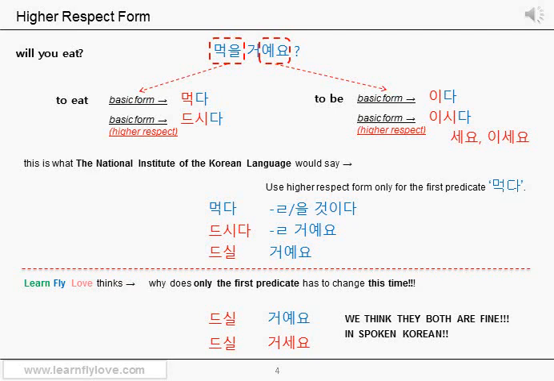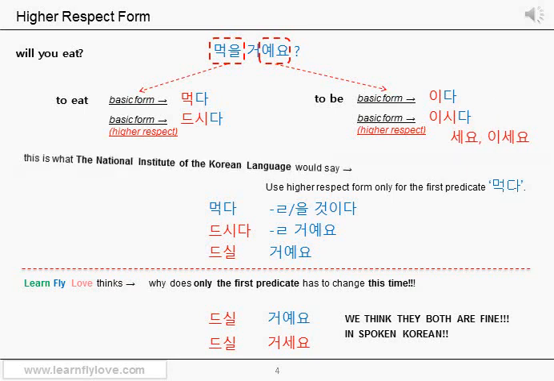The higher respect form of 이다 is 이시다. We simply added the 시 sound to the original stem. So it's a regular conjugation, but irregularly it becomes 세요 and 이세요 in the higher respect form. You know that.